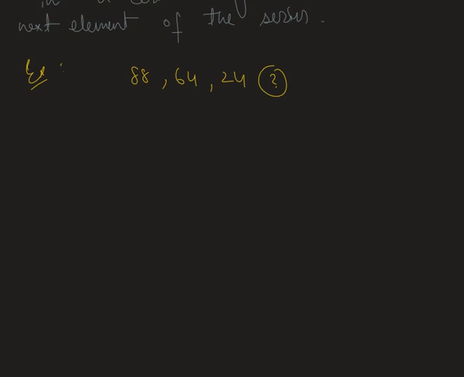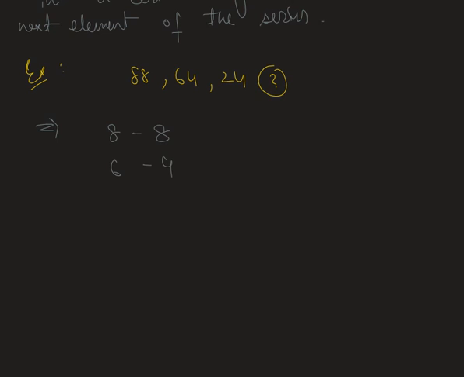As we can see, in this given series, the first term is 88. The two digits are 8 and 8, and for the next one we get 6 and 4.